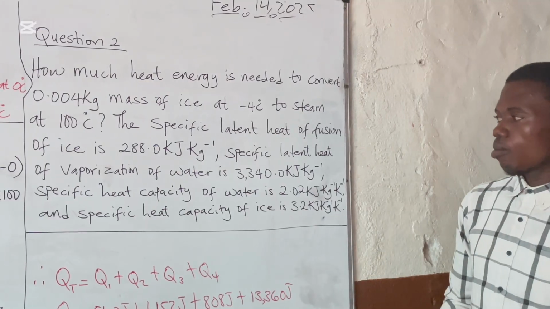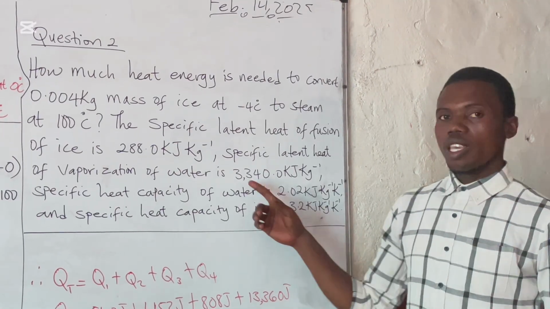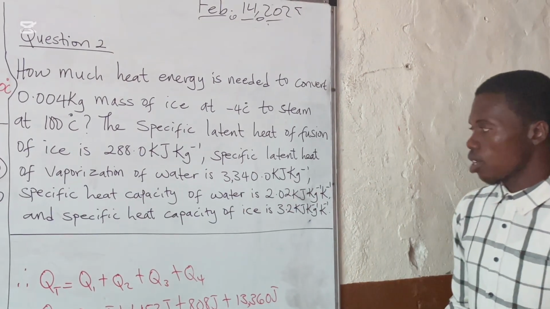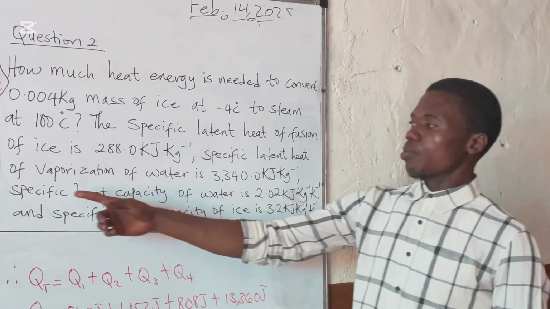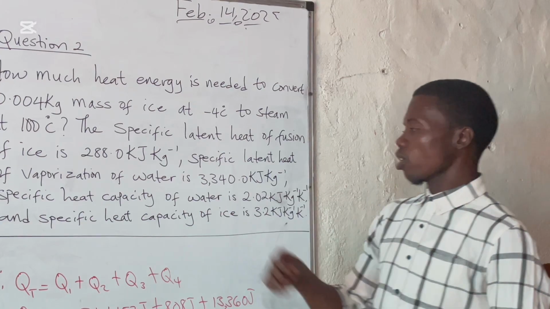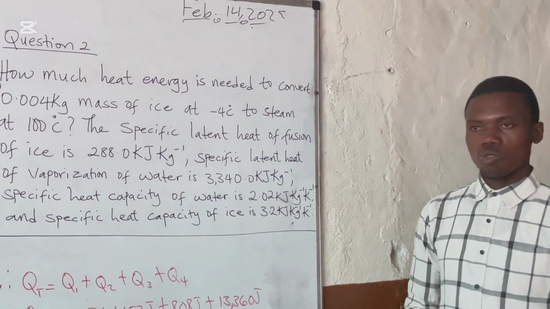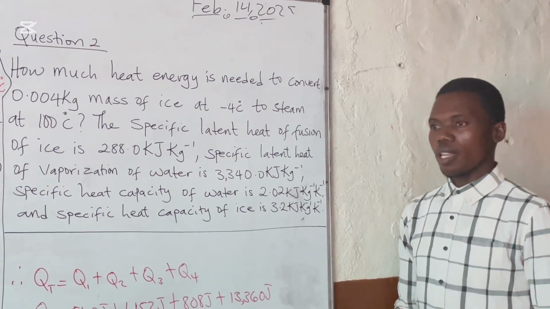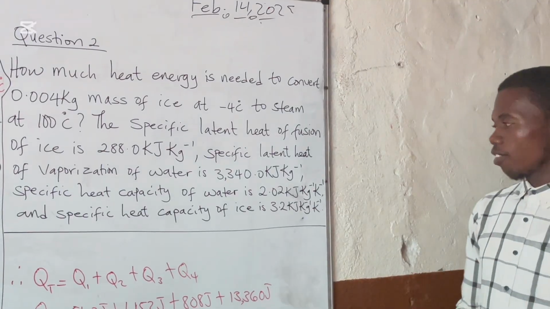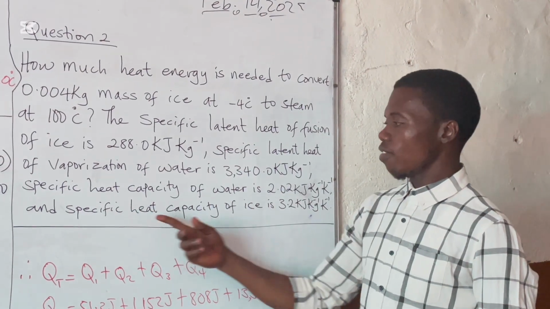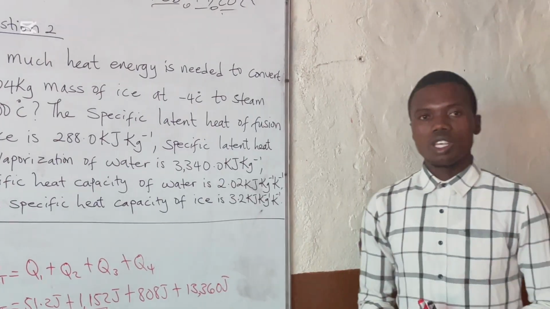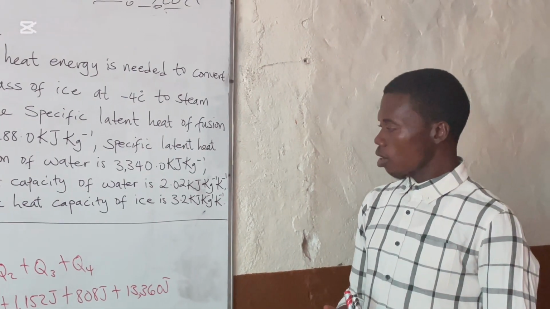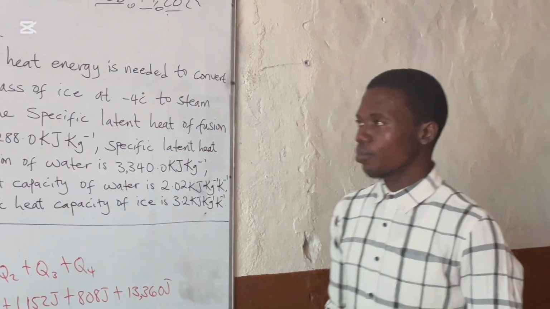Specific latent heat of vaporization of water is 3340.0 kilojoules per kilogram. Specific heat capacity of water is 2.02 kilojoules per kilogram per Kelvin, and specific heat capacity of ice is 3.2 kilojoules per kilogram per Kelvin.